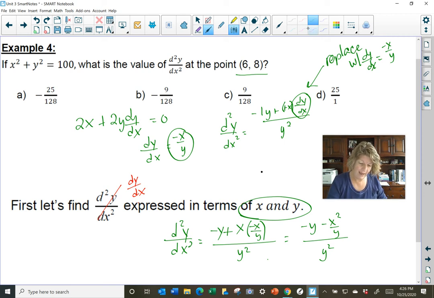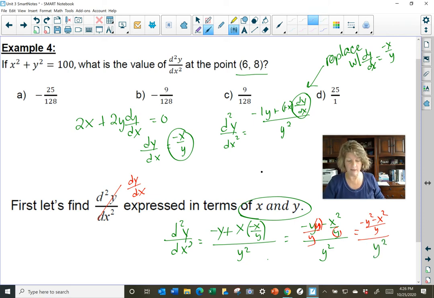So to do that, we need to have this guy with the same denominator as our other part in the numerator. I can't just simply slap a y down there, but I can multiply by y over y, can I? Because y over y is like multiplying by 1. So I get negative y squared minus x squared over that common y, over the other y squared.